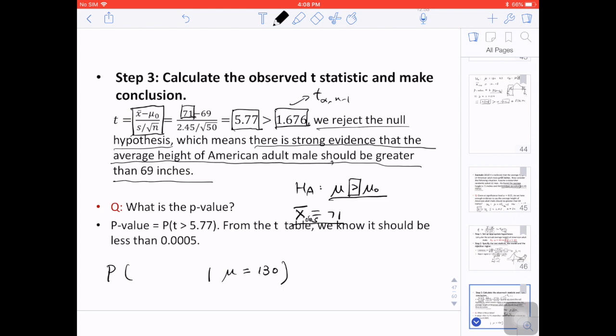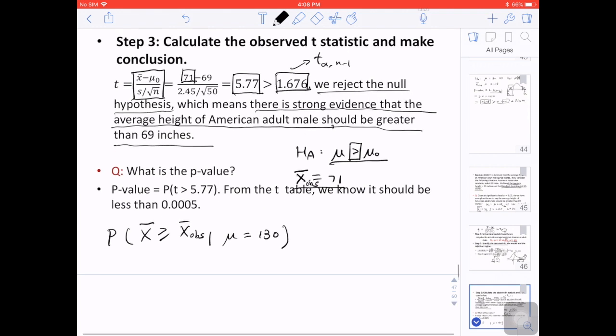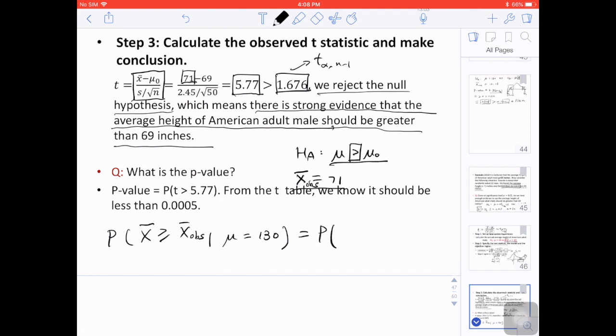So your x bar should be larger or equal to x bar observed. So this is x bar larger or equal to 71, given mu is equal to 130, right?